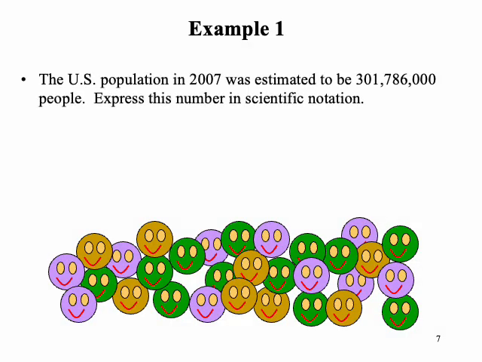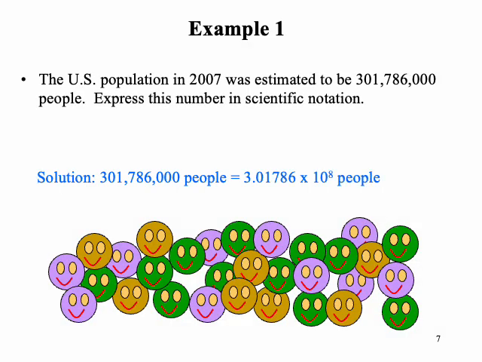Let's try an example. This is the population right here, 301,786. Express this number in scientific notation. So no decimal, which means I'll put the decimal right here. And I want scientific, which means I want the decimal here.